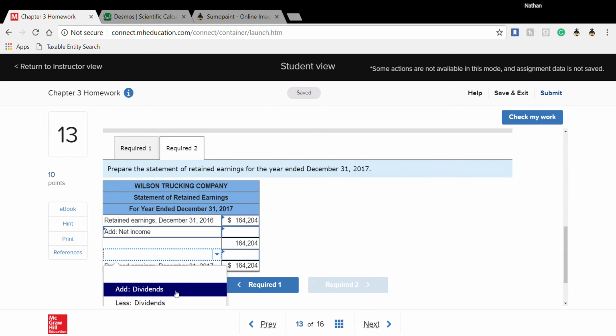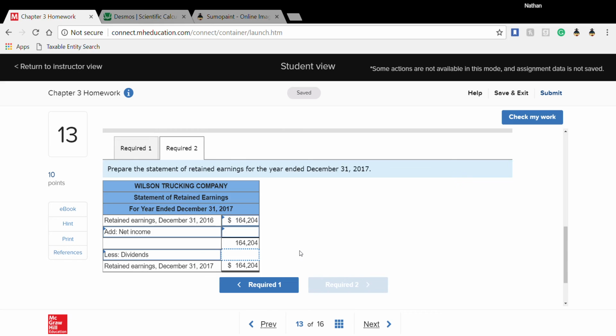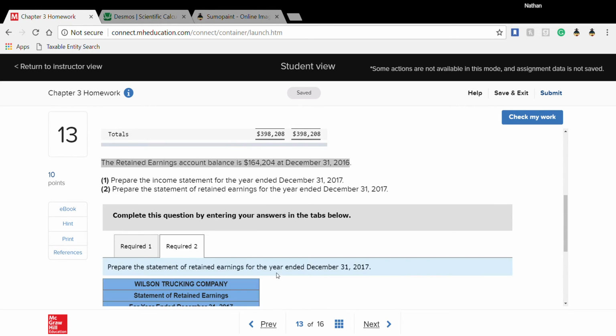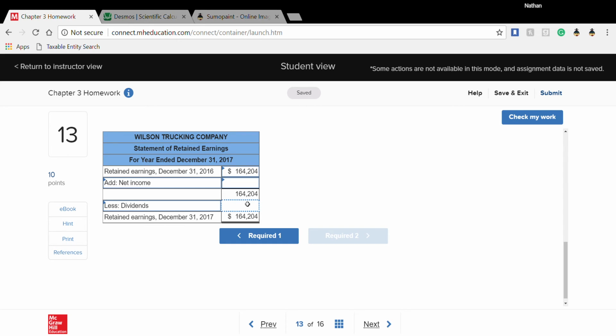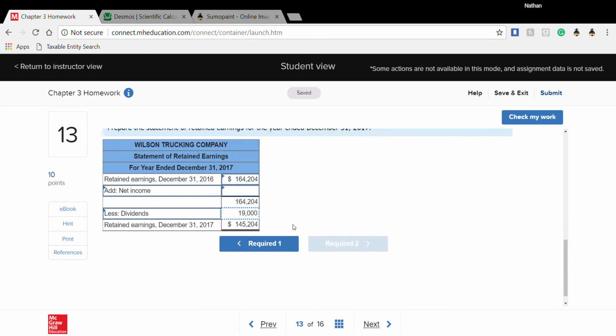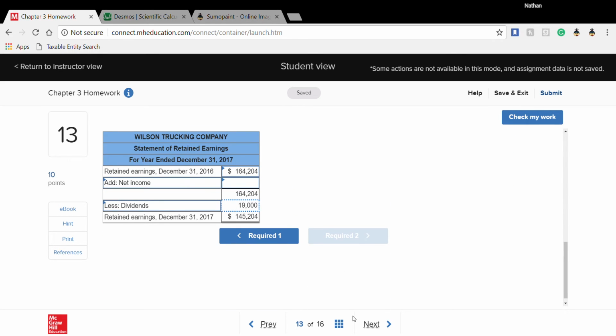Last part, I'll always subtract out dividends. And dividends right here is 19,000. Notice that Connect is doing the math for you for the ending balance. Just be wary, okay? And that's it for question 13.